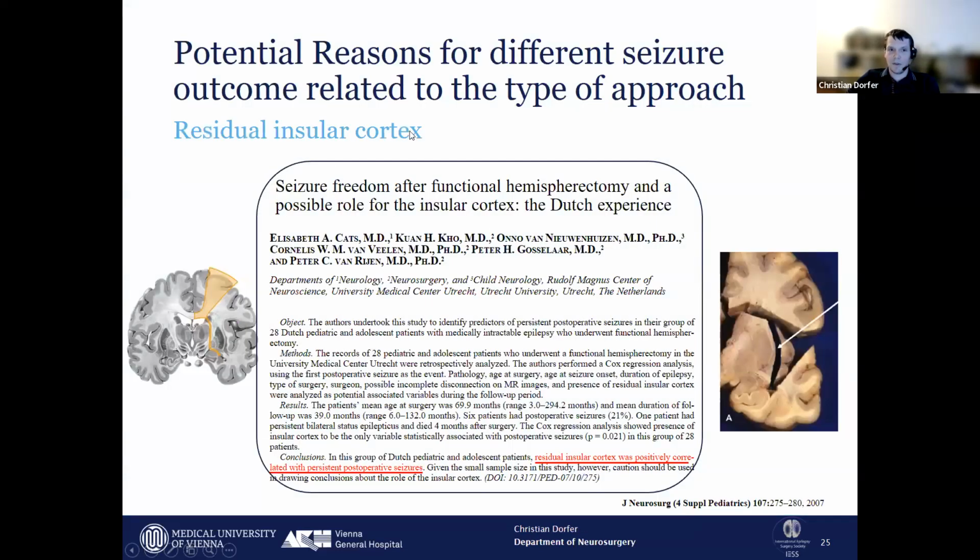And this is the residual insular cortex. As I told you, for the lateral techniques, resection of the insular cortex is cumbersome, I would say. For the vertical approach, this is very easy. And in this study, already back in 2007, Elizabeth Katz et al. showed us that residual insular cortex was positively correlated with persistent seizures.